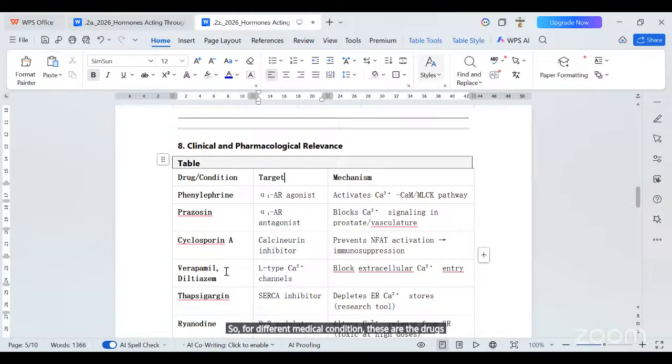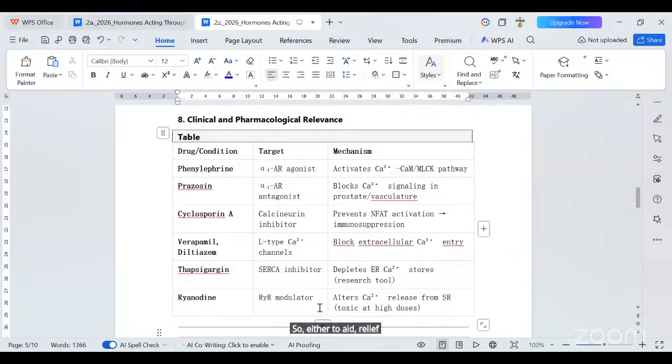And this table is just showing us how each drug works to aid relief of every disease condition. Now, prazosin is a drug that is used to treat what?